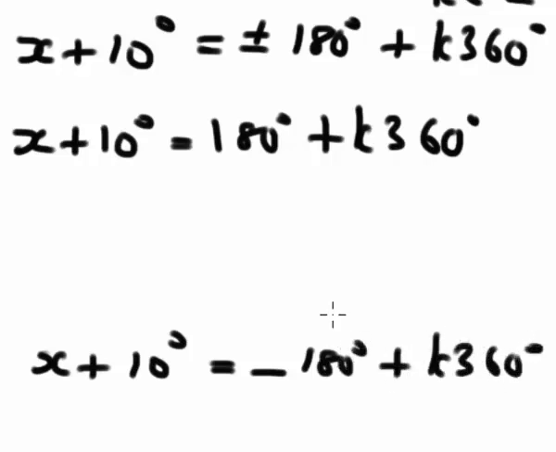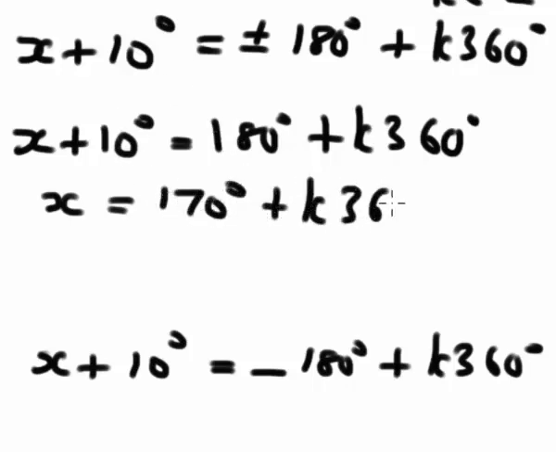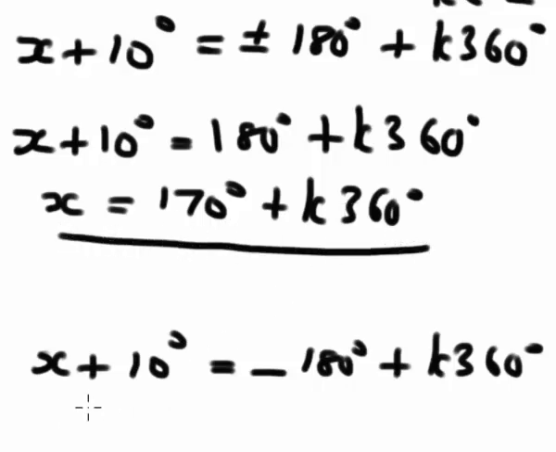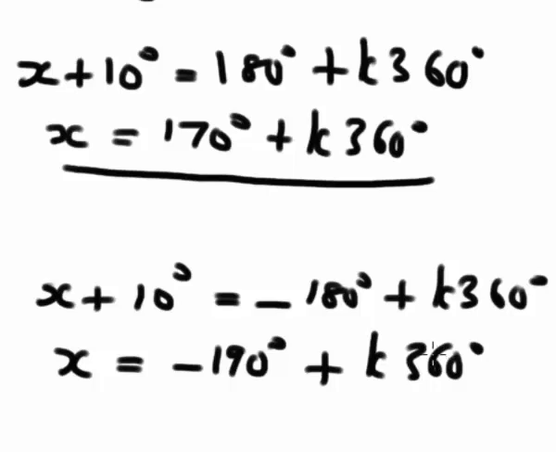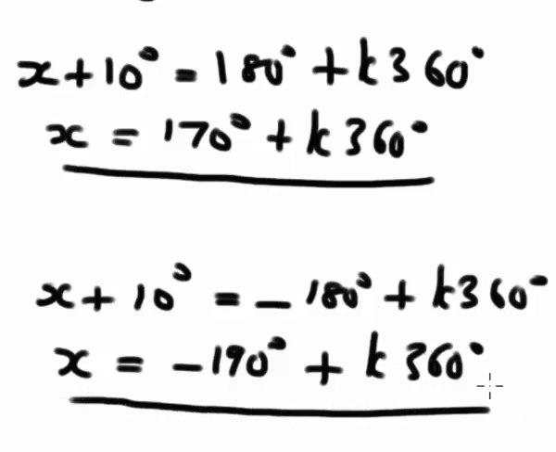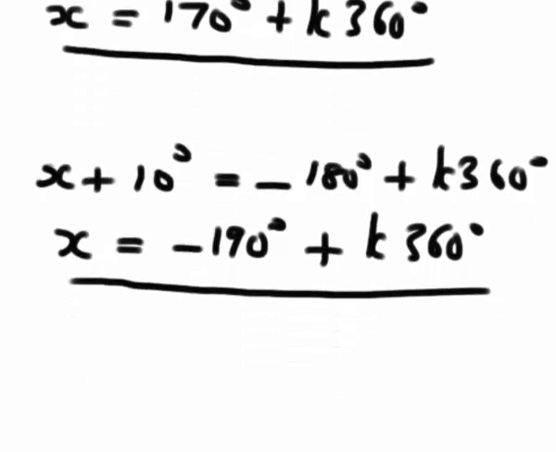Well, this is easy. x is equal to 180 minus 10, which is 170, plus k 360, there's your first general solution. The other is -180 subtract 10, which is -190 plus k 360, and there's your general solutions. A wonderful link to compound and double angles.